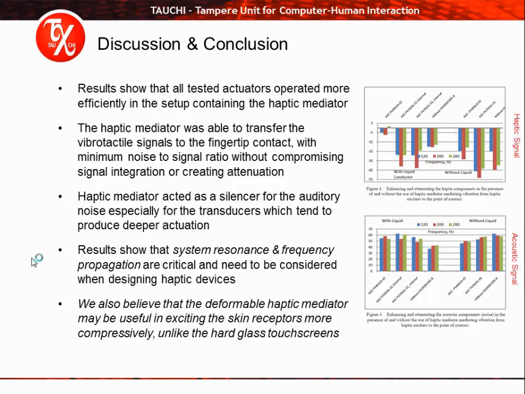And this was more visible for the actuators that produced deeper actuation as compared to surface acoustic waves on top of the touchscreen itself. And our results also show that system resonance and frequency propagation are critical terms that we need to consider while designing mobile devices or haptic interaction.